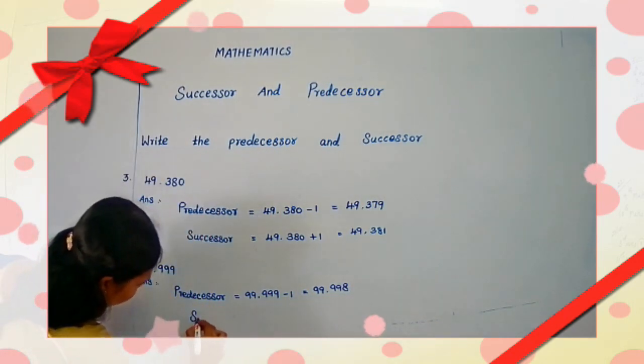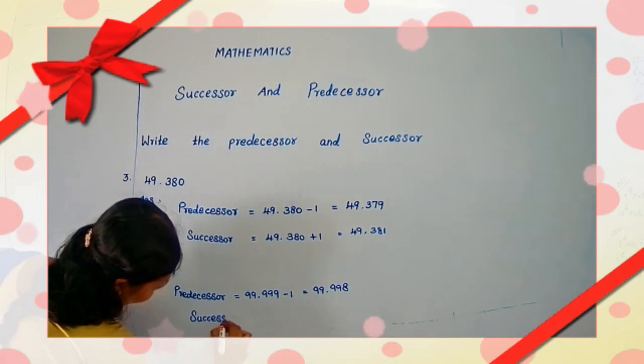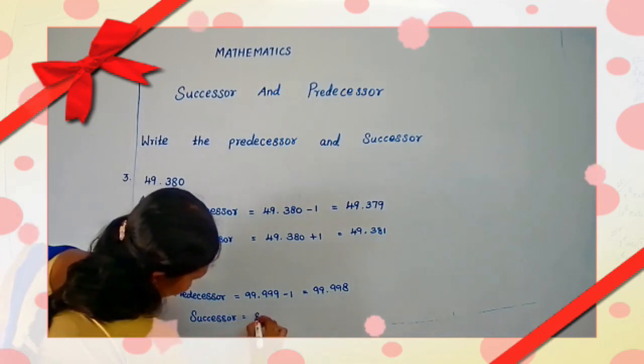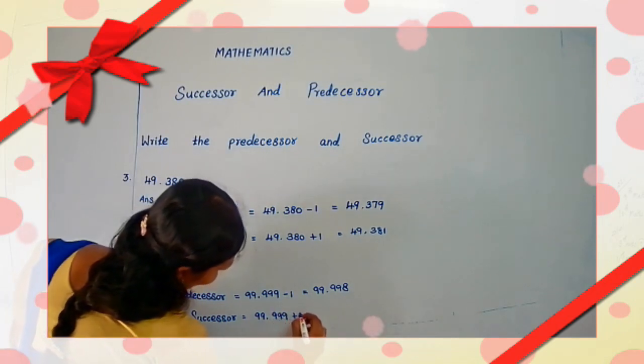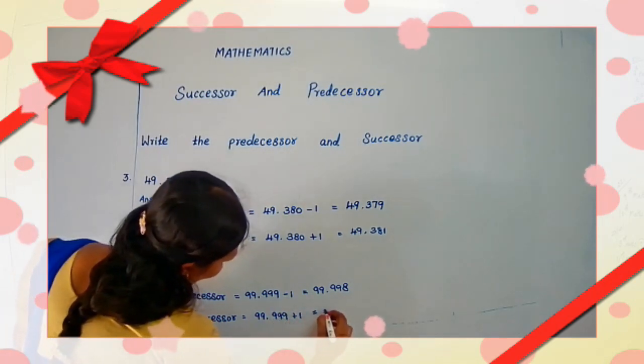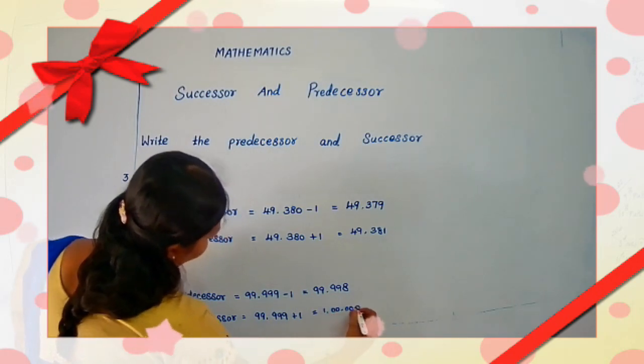And successor, S U C C E S S O R, successor. 99,999 plus 1 is equal to, what will come? 1 lakh.